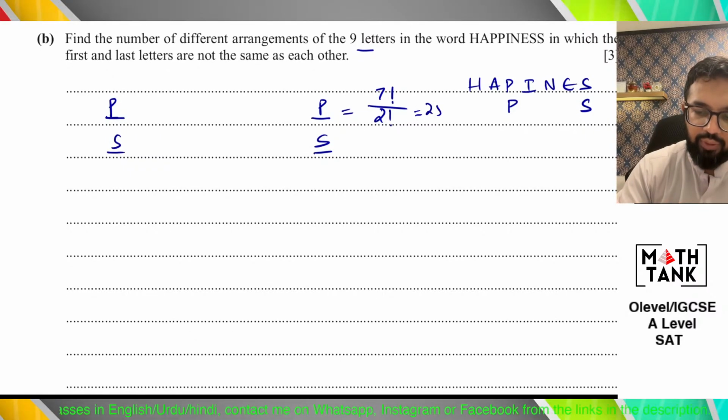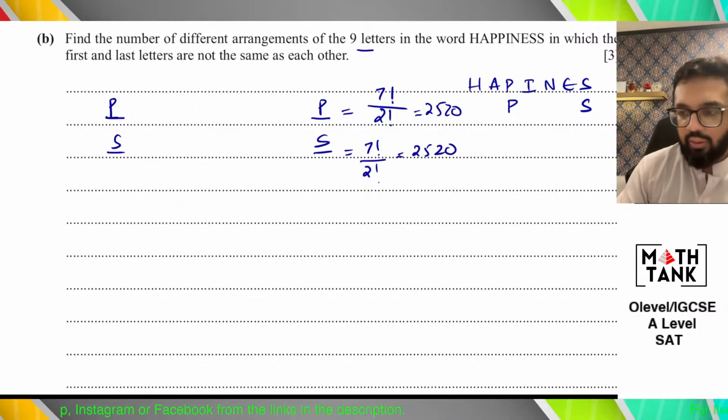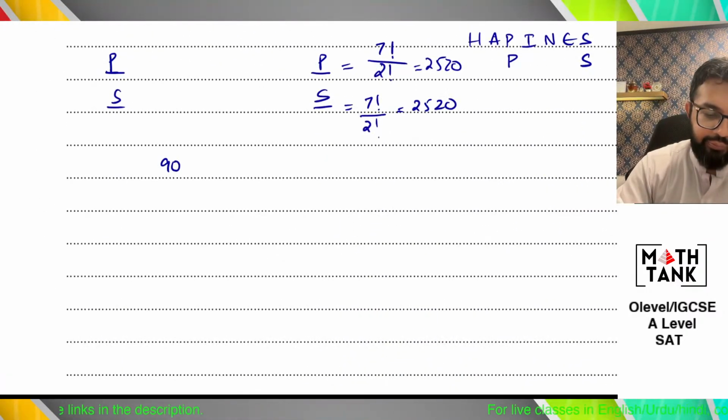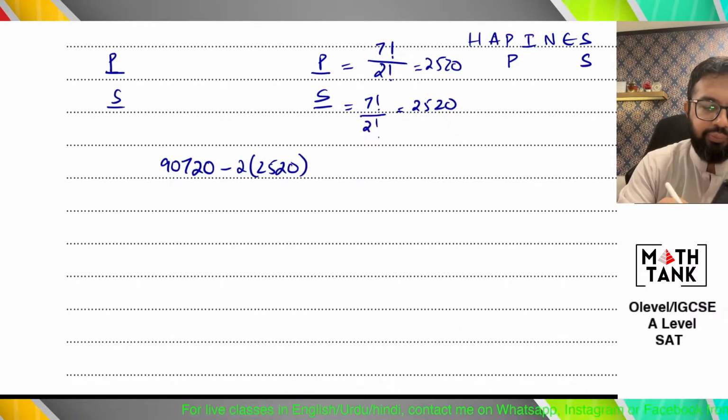It's 2520, and then 7 factorial divided by 2 factorial, that's 2520. Okay, so 90720 minus 2 times 2520 is 85680.